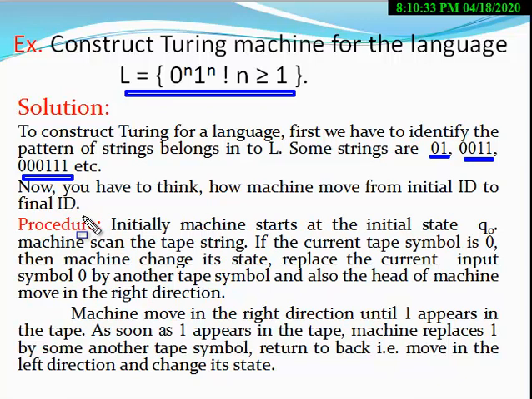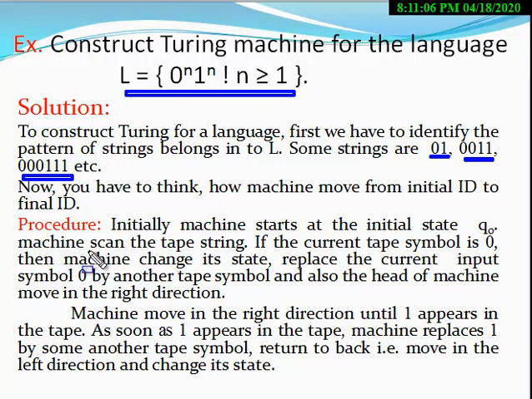Now you have to think how the machine moves from the initial ID to the final ID. That is, you have to think of a process by which the machine can accept all the strings which belong to this set. The strategy which you have to use here is the following. Initially, the machine starts at the initial state Q0.